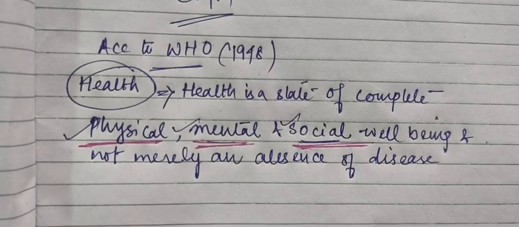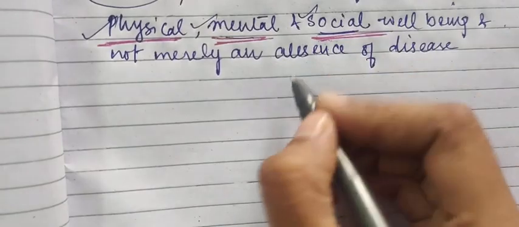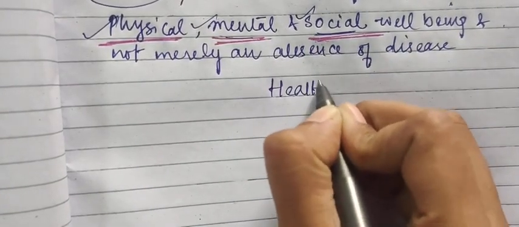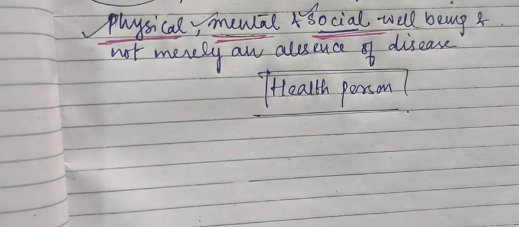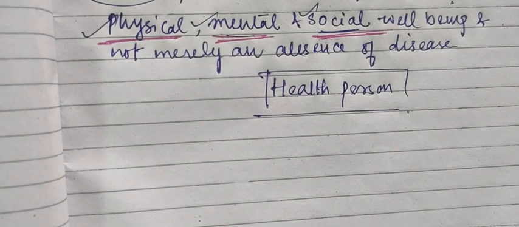So in a healthy person, all the organs function. But what are the parameters of being healthy?